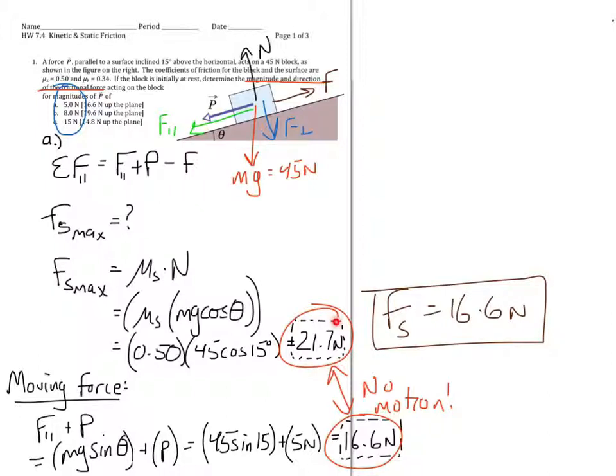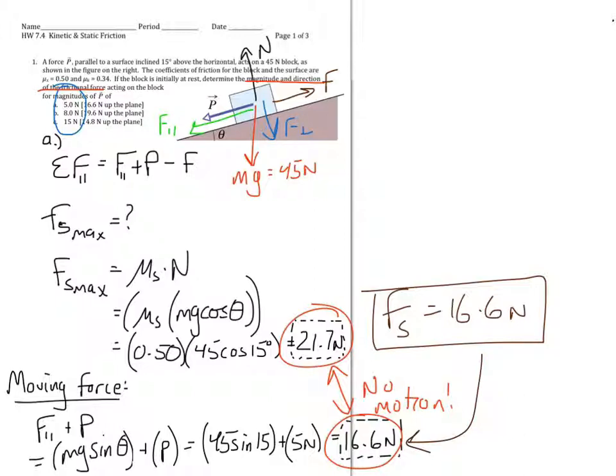But for part A, we can say that there's more than enough available static friction to prevent it from moving, because this is the only force trying to move it downhill. And so the static friction is going to be exactly equal to this right here, because friction only provides as much friction force as it needs to, at least static, as it needs to prevent motion. Okay? So that's part A right there.